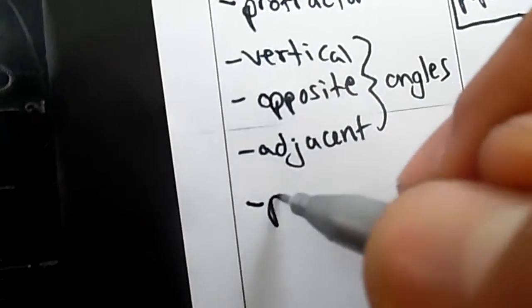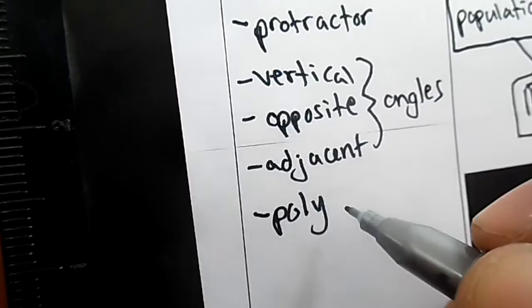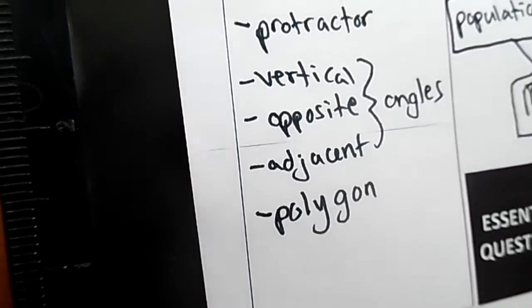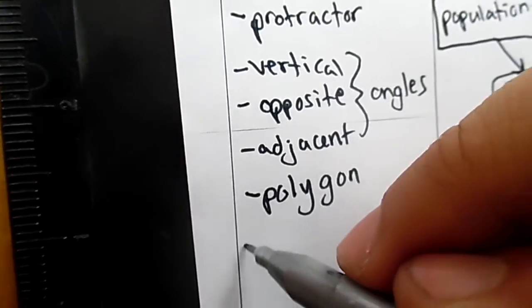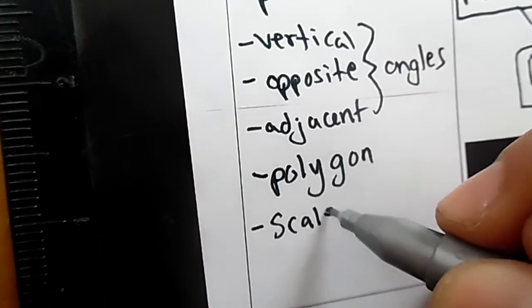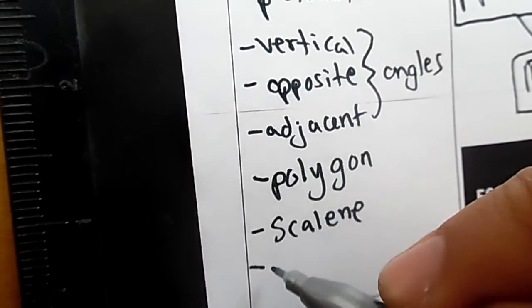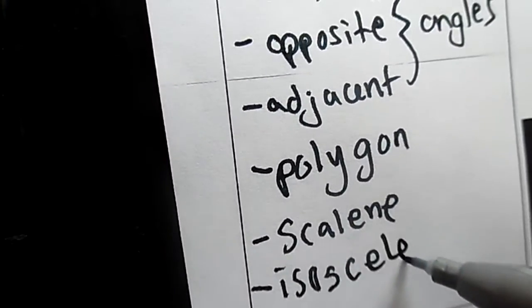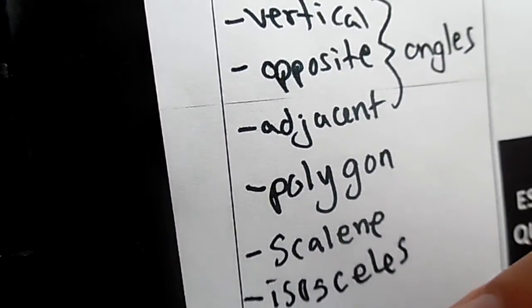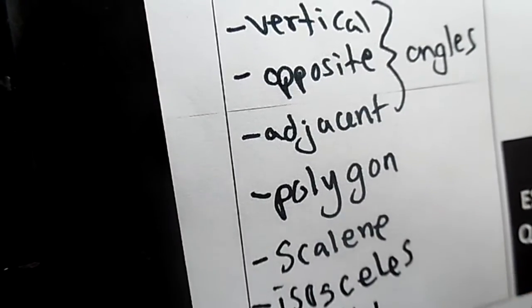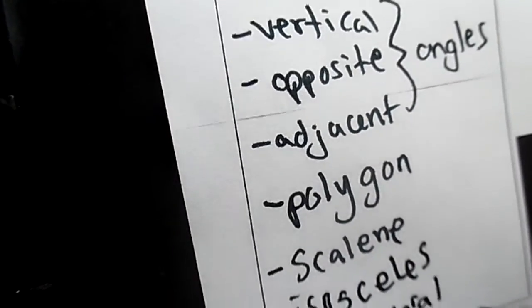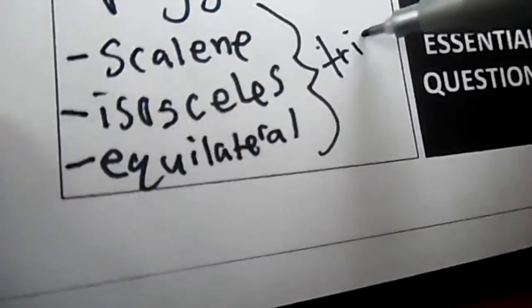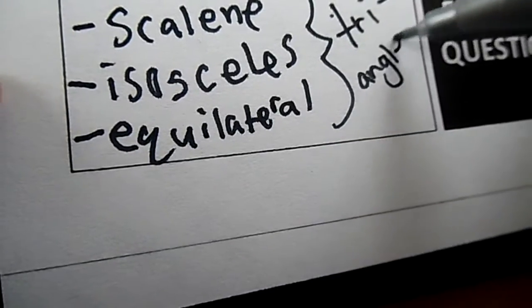We also have the word polygon. And then we're going to look at some triangles. You may or may not have seen these words: scalene, isosceles, equilateral. And these are all triangles.